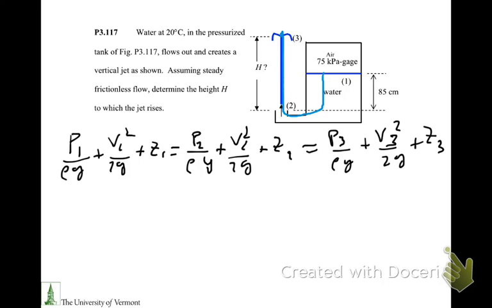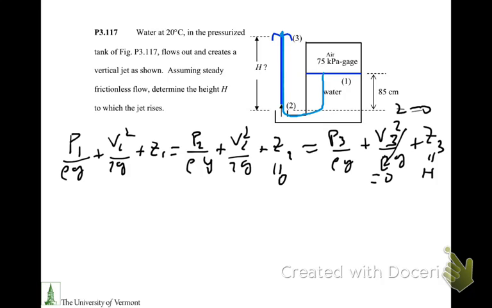What can I simplify here? Well, starting by saying that Z is equal to 0 at the plane in which 2 is located, so this is equal to 0. This H3 is equal to H. Now, at the top of the jet, the velocity is equal to 0, that's the terminal velocity.